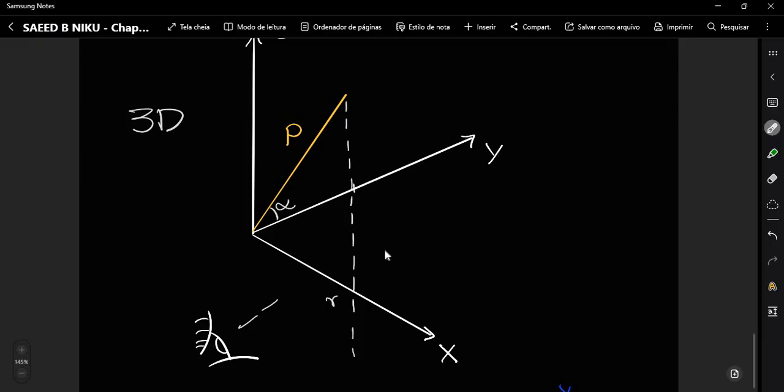And right here is R, which is the maximum point that this vector, this robot arm, doing this analogy, can reach. R cosine of alpha.